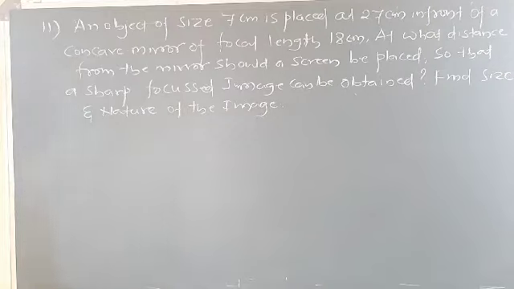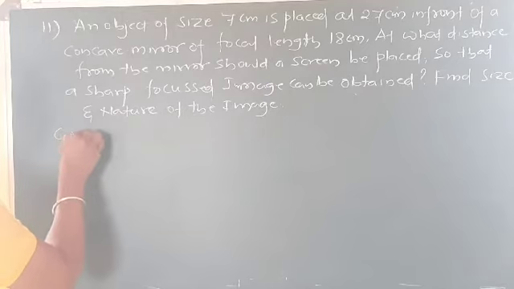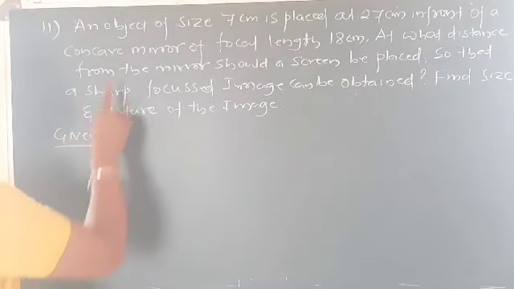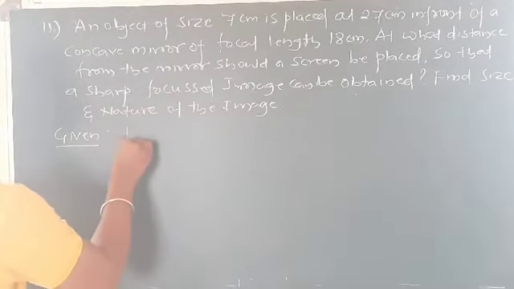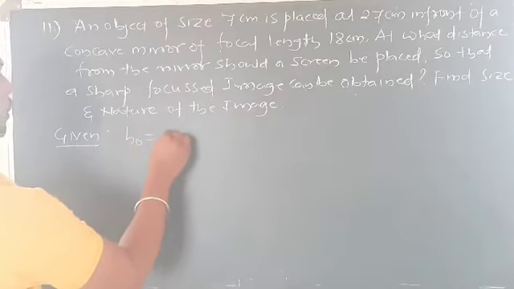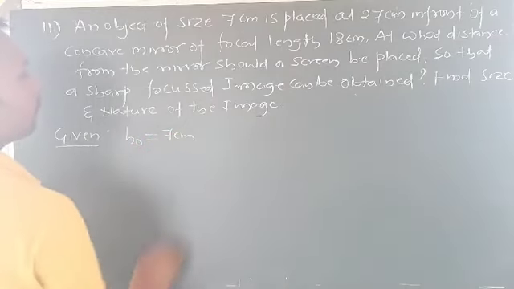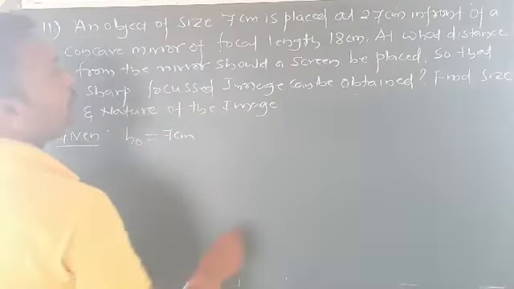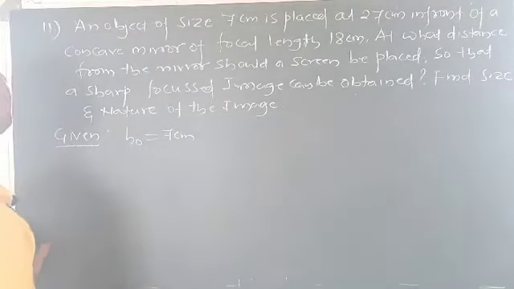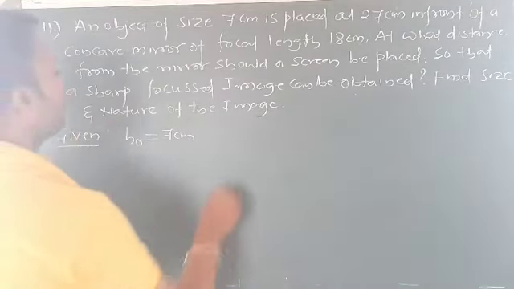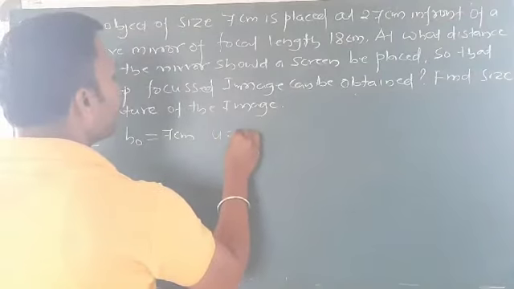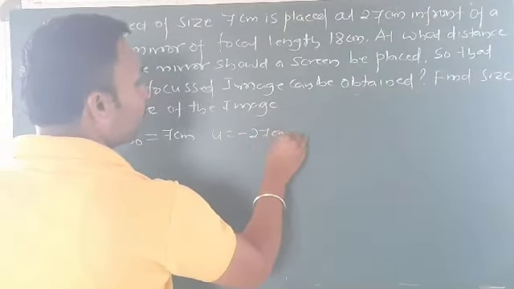Here we can see an object of size 7 centimeter. First of all I'll write what is given: the size of the object, that means the height of the object, is 7 centimeter, placed 27 centimeter in front of a concave mirror. So the object distance is given as minus 27 centimeter.